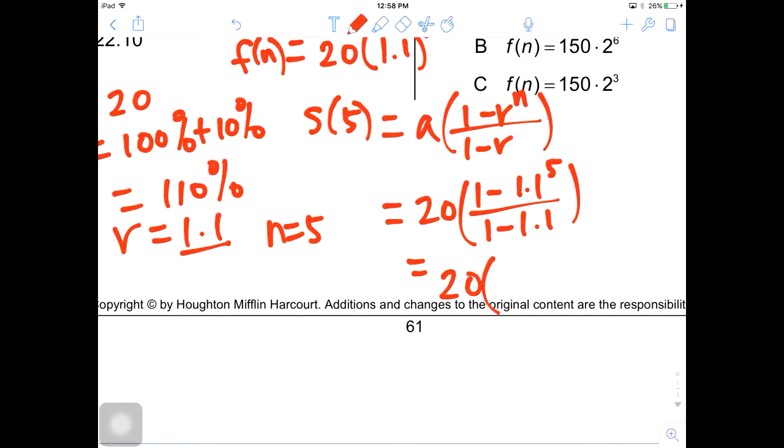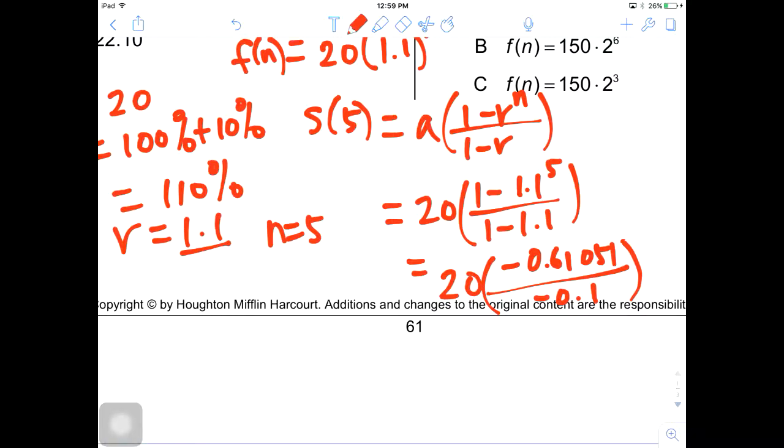So I'm going to work it out really fast. 1.1 to the 5th power, make that negative, plus 1. So on top, I have negative 0.61051 divided by negative 0.1 on the bottom.